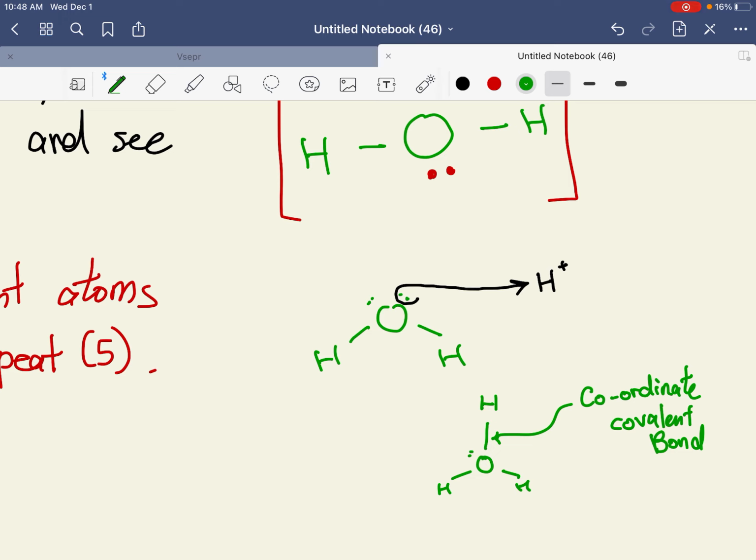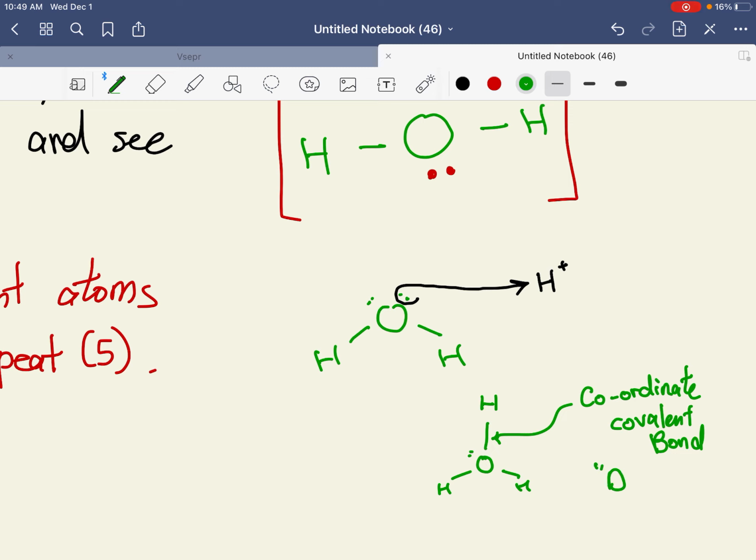Now, is that a weaker bond than the other covalent bond? No. The strength of this bond is exactly the same as this bond. There's really no difference. Lengthwise, strengthwise, it's really the same.